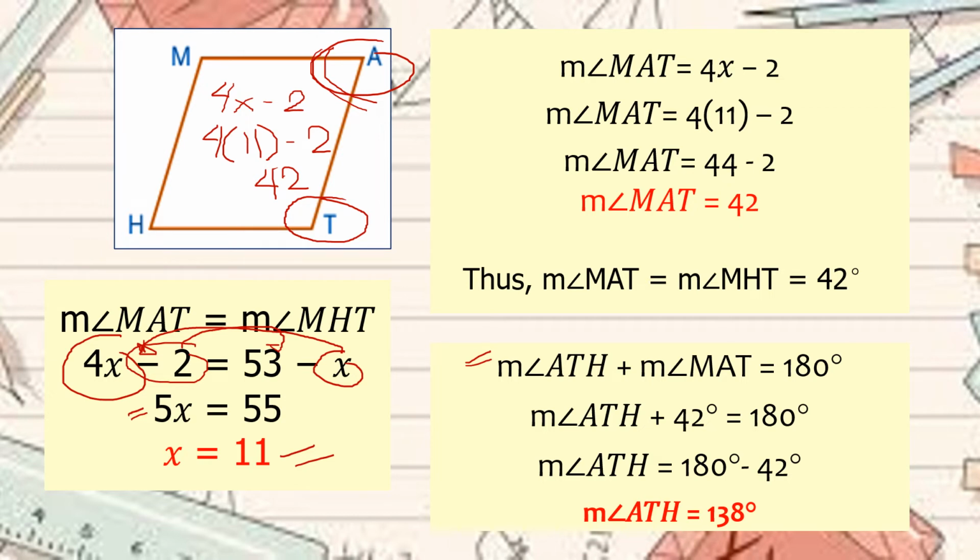Alam na natin kanina na 42 ang measurement ni MAT. So, we have angle ATH plus 42 is equal to 180 degrees. So, isolve natin si ATH. So, we will move this to the other side. So, we have 180 degrees minus 42. So, meaning, angle ATH is equivalent to 138 degrees.